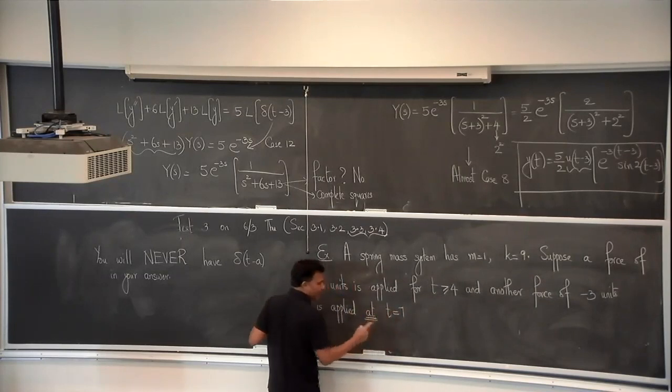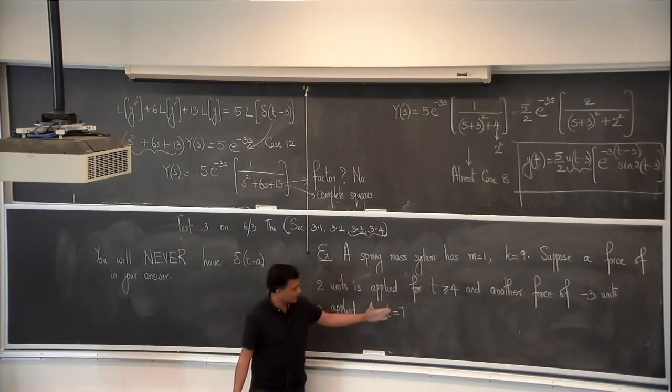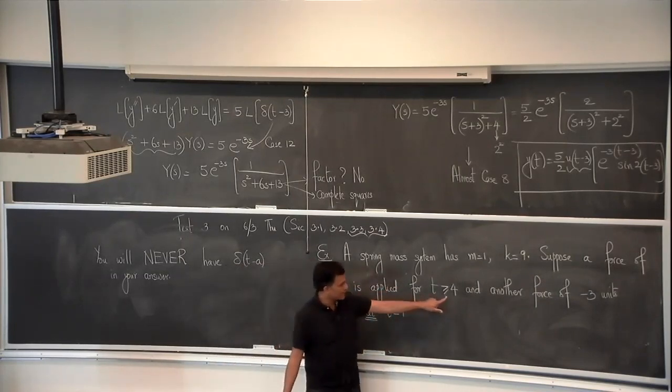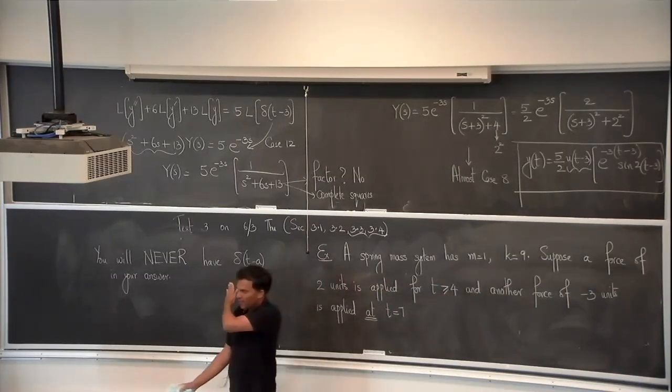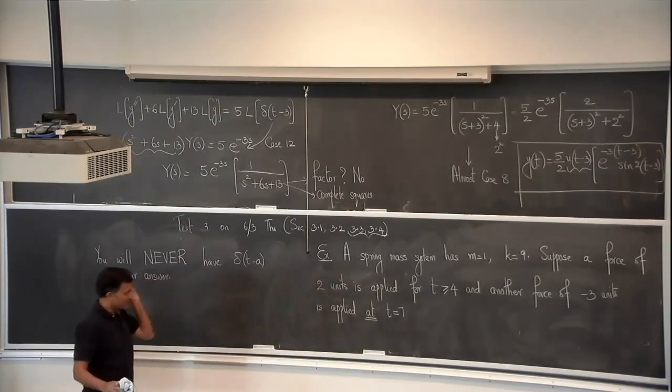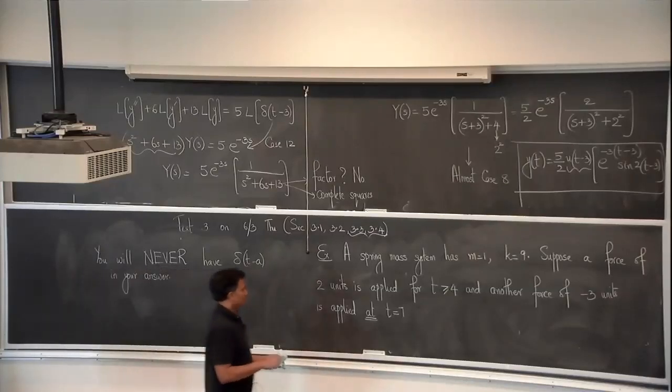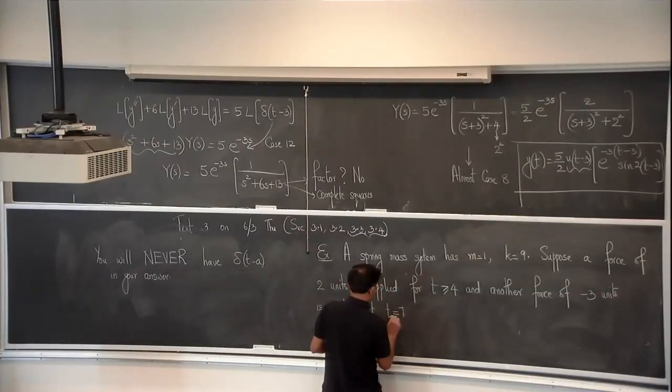Okay, that is what the hint should be, whether it's a step function or an impulse function. Okay. This is a step function because it's continuing for all the time after 4. The second one is just at a particular instant. Okay. So at t equal to 7 and shut off.